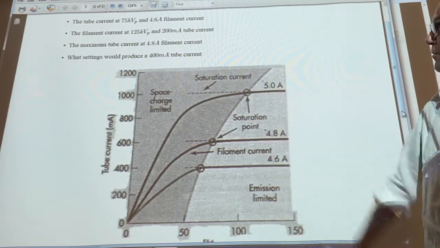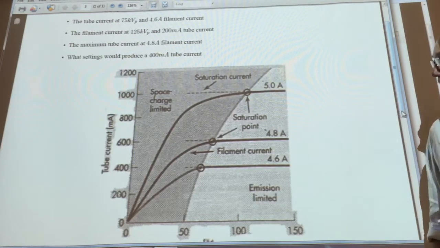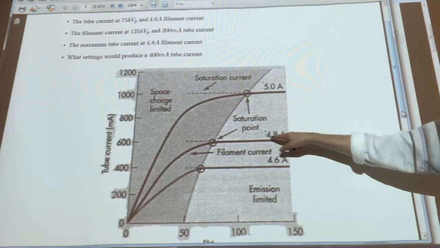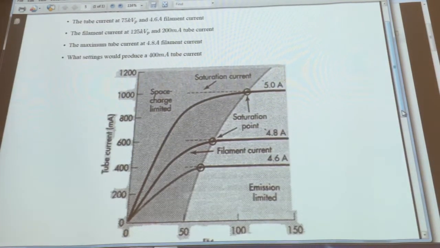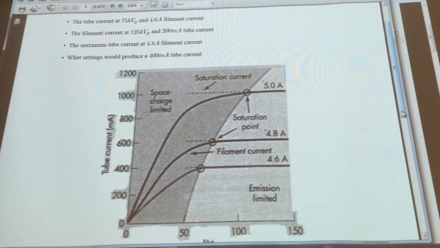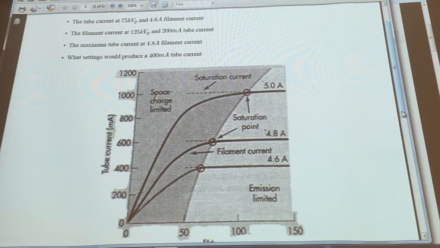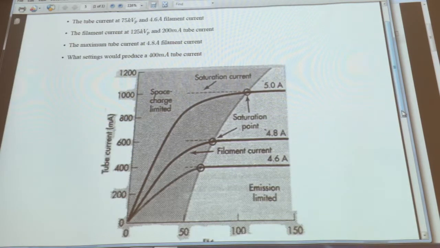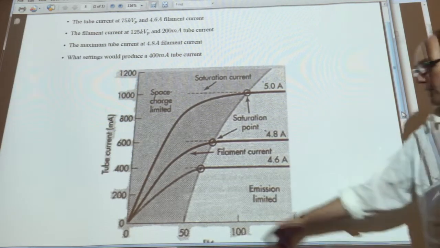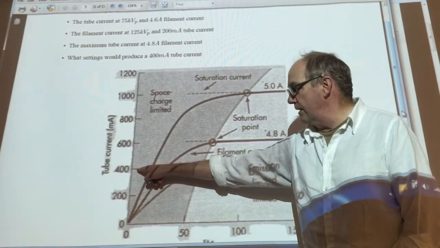Okay, a maximum tube current at 4.8 filament current: 600 milliamps. Easy one. Let's try this one. What settings would produce 400 milliamp tube current? What settings could I get there with?